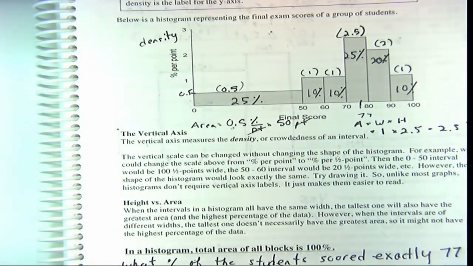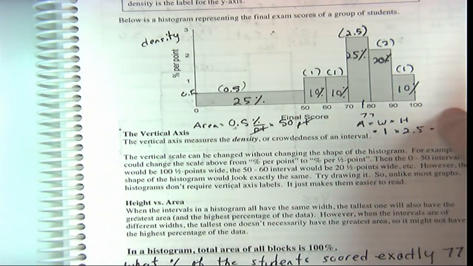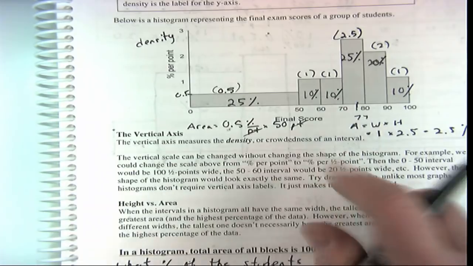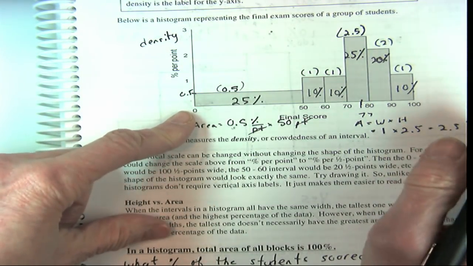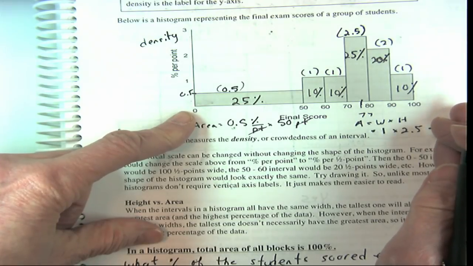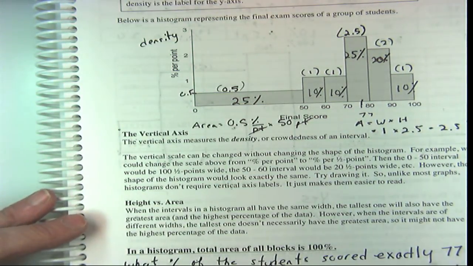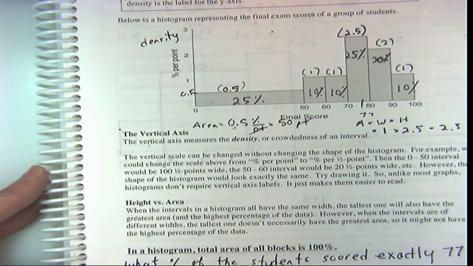Another way to look at the density is it tells you for each single unit in here what percent of the population falls in that unit. So what's the percent of the population?